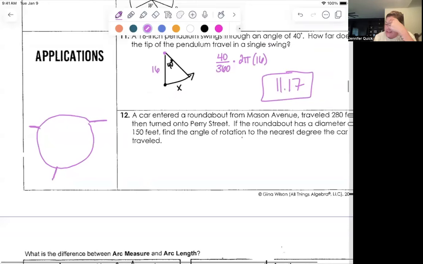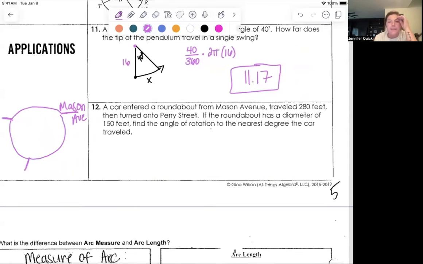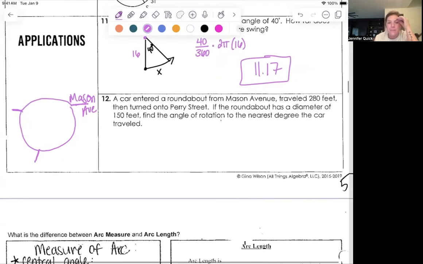Okay. So here we go. It says a car entered a roundabout from Mason Avenue. So let's call this Mason Ave. It traveled 280 feet. So let's call this 280 feet, going all the way to this exit, turning onto Perry Street.